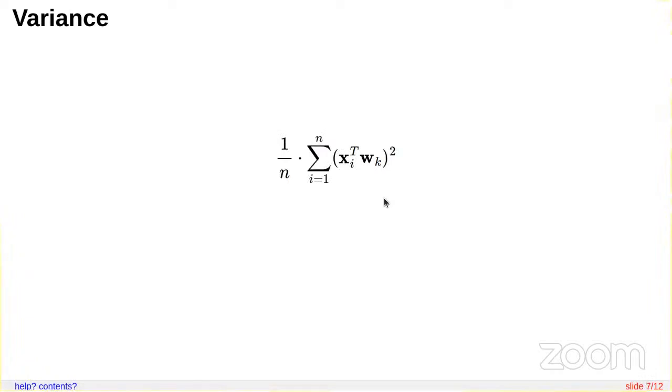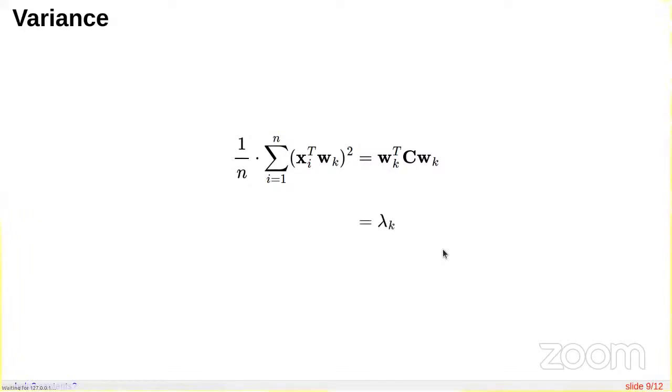Where have we looked at this particular quantity before? Yes, this is the thing that we are trying to maximize. This is nothing but wk transpose c wk. So this is what we were trying to maximize. What is the value of this for the kth eigenvector?